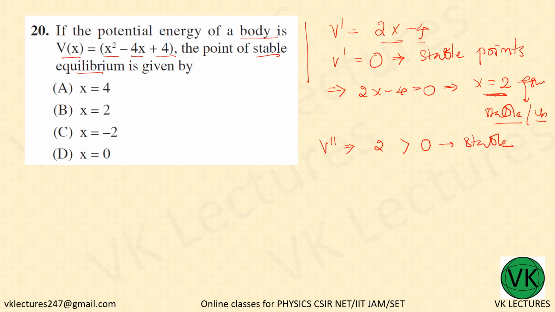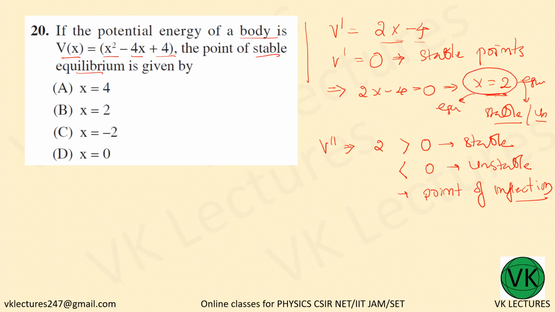If this value is less than 0, it is unstable. And in between there is a point of inflection also, not inflation, inflection. So now you got that at x equal to 2 it is an equilibrium point, and you also proved that it is a stable point of equilibrium. So x equal to 2.